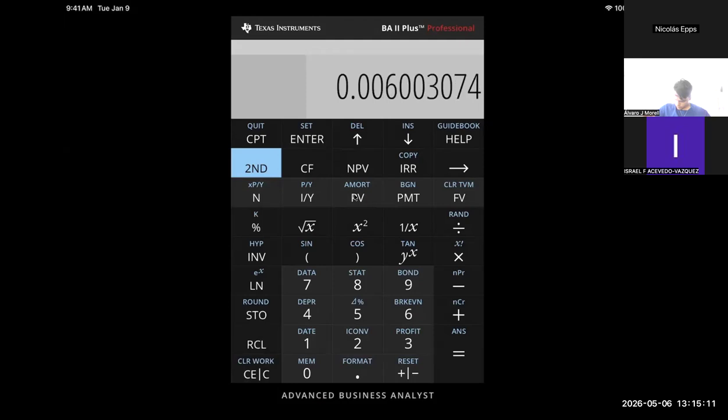Recall 2 times recall 3. Oh my goodness, I messed up my thing. Recall 1. That is plus 1 to the power 2 minus 1, and then times 0.55. Yeah, store 3.